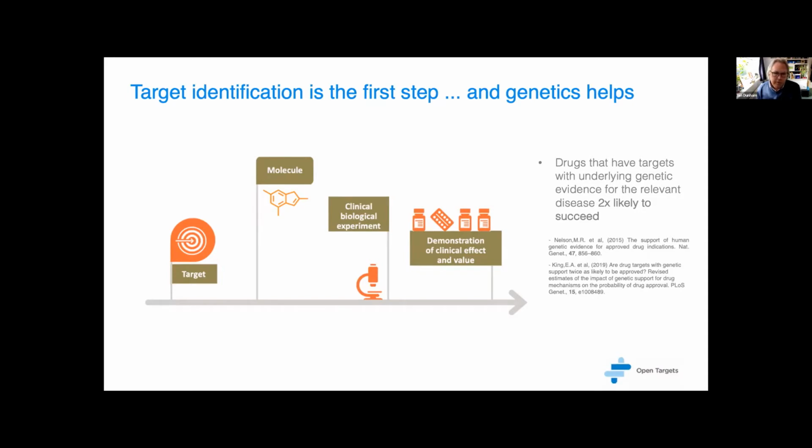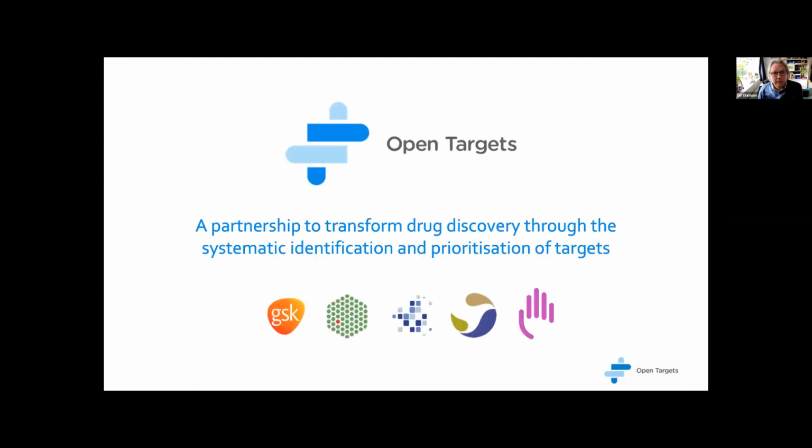One thing that we do know is that genetics information is a predictor of progression or success through the clinical trials process. If you have a target with genetics information, you're about twice as likely to go through the phases in clinical trials than if not. And so it's important to bring that causal evidence to targets when you're at the decision process.